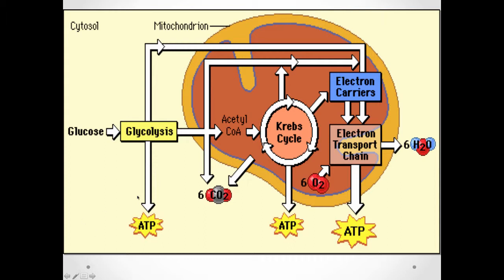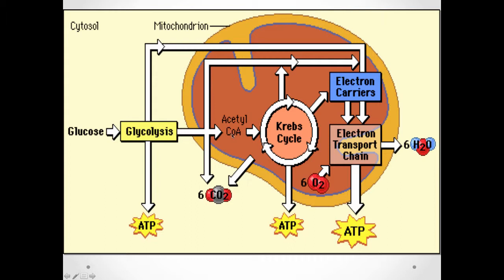Glycolysis makes ATP. The products of glycolysis move into the mitochondria, and there are two products of glycolysis that we're going to look at. There are electron carriers, which we'll talk a little bit more about in the next slideshow and in the next couple days. And then there's the actual sugar breakdown products.